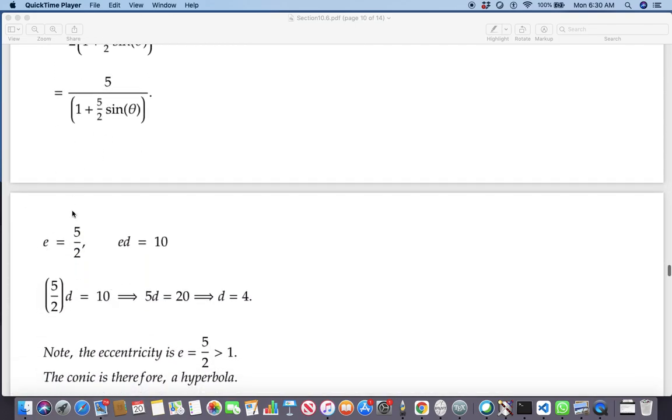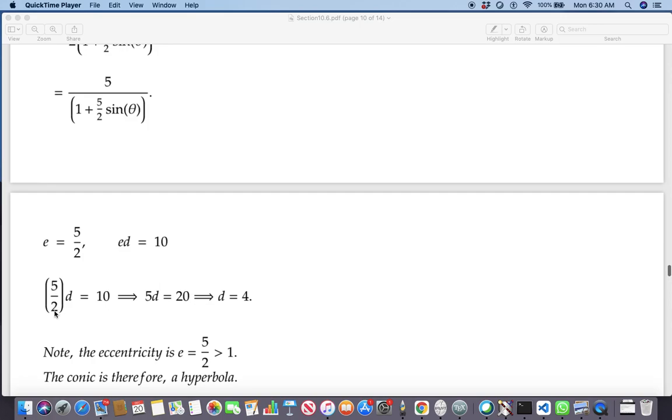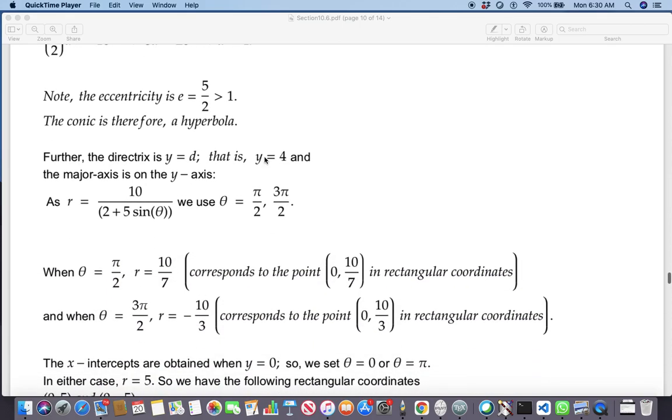Eccentricity is 5 halves. e times d should be 5. 5 halves times d should be 5. You obtain an eccentricity that gets you the equation.